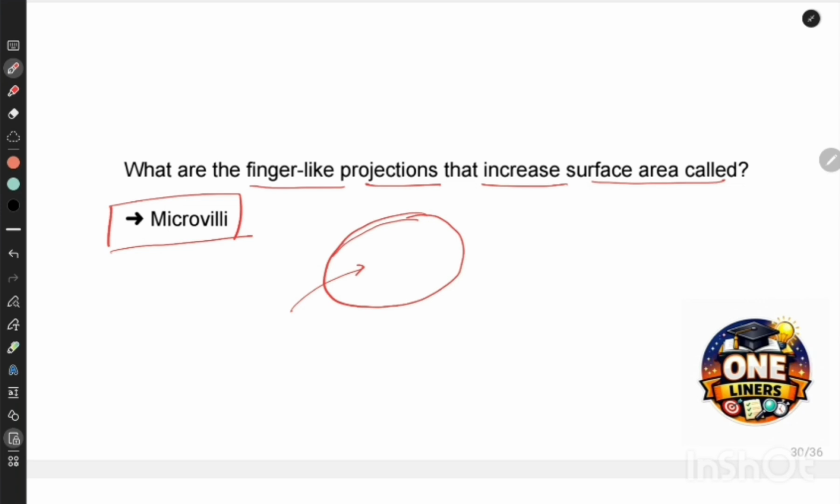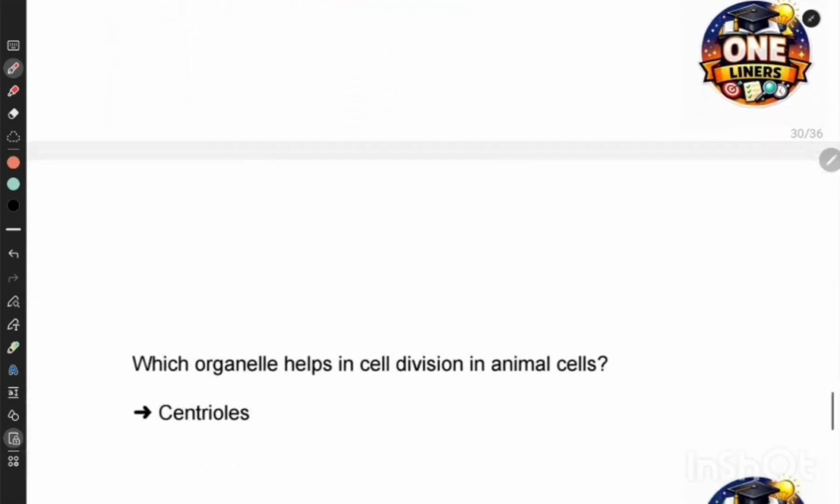Okay, instead of it there are this type of structures. Okay. So if something passes from here it will get longer time for absorption in any process. So these structures are known as microvilli, and these projections increase surface area. Okay.